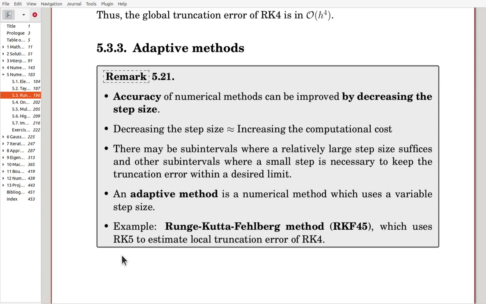Either way, you can do that, but in the original setting of the Runge-Kutta-Fehlberg method, RK5 is used for the estimation of the local truncation error. Of course, you don't have to compute the RK5 solution at each level. You can do it once every few steps.